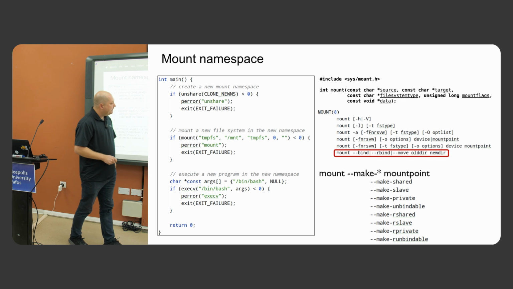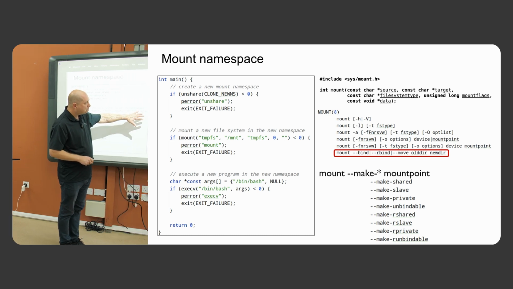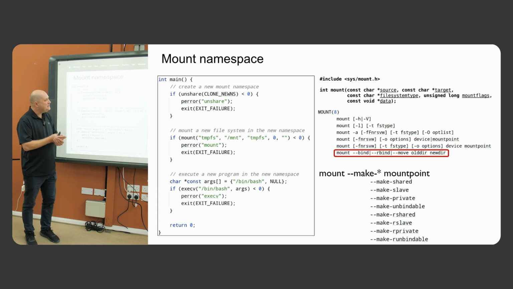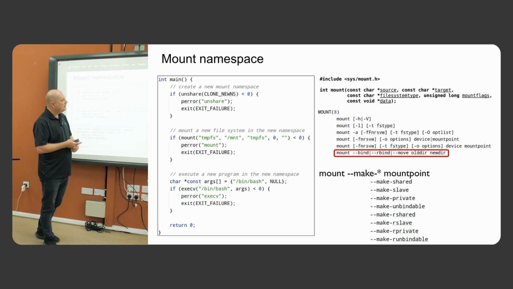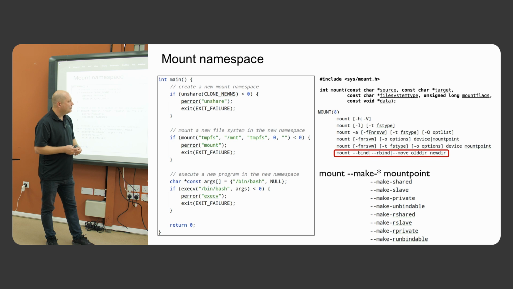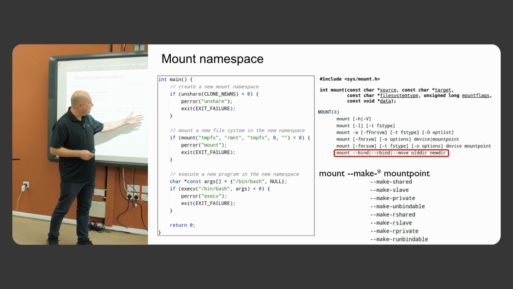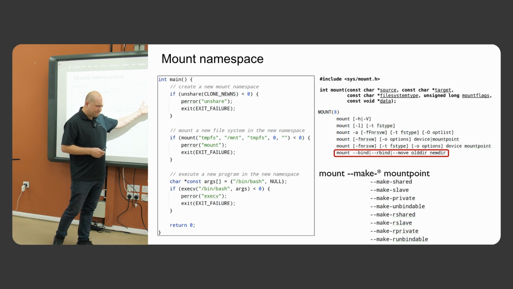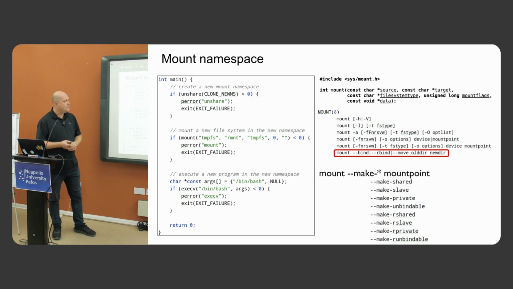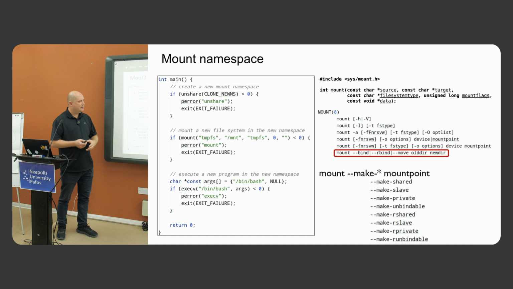And actually we have a special system call for working with mount namespaces. This is the signature, but if you want to test it on the command line, in bash, you can use the mount utility, which does the same actually.